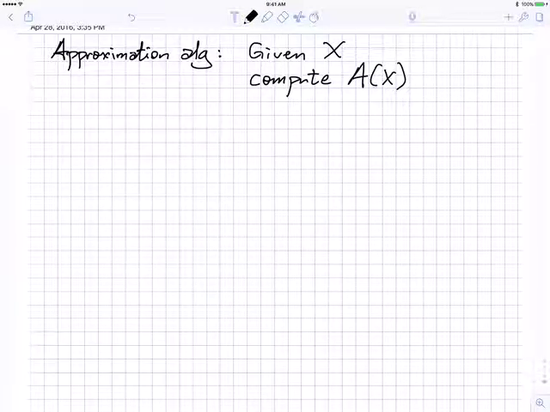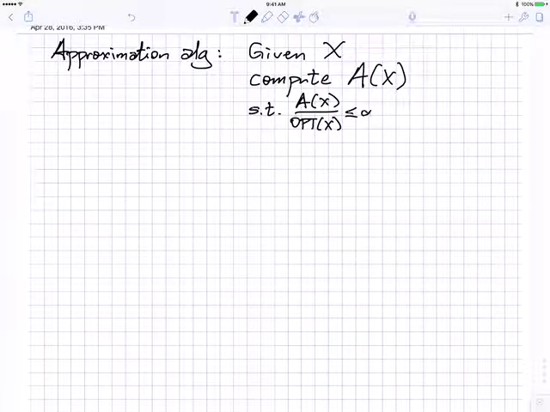Or say x is a collection of jobs and a of x is a schedule. And I want to do this in a way such that the quality of the solution that I compute is guaranteed to be within a certain fraction, a certain constant, or let's say just a certain multiple of the optimum solution for that particular instance.